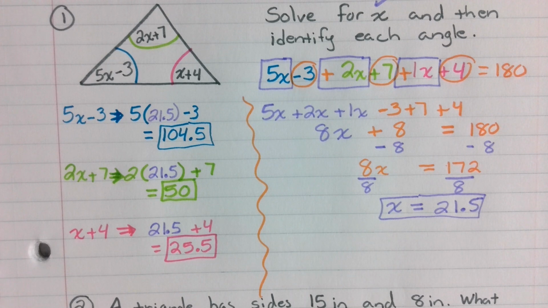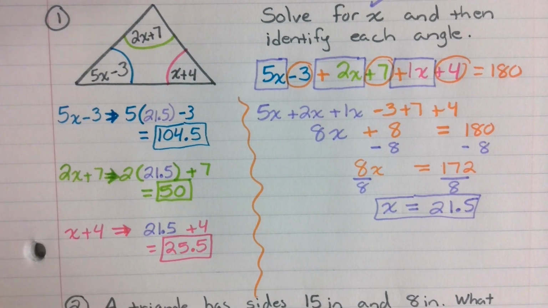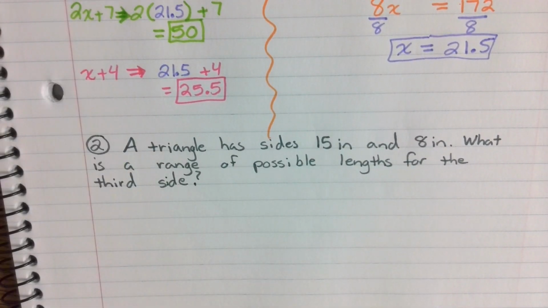Okay, any questions about that one? All right, let's go on down to the next one. The triangle inequality theorem, remember, stated that in order for it to be a triangle, the sum of the two smallest sides has to be greater than the largest side.